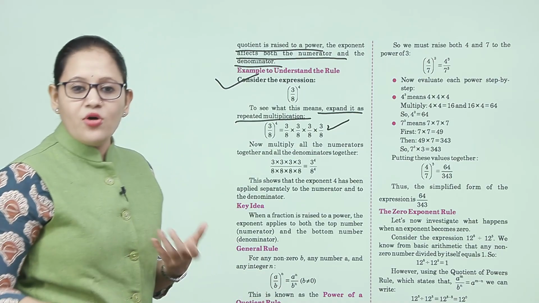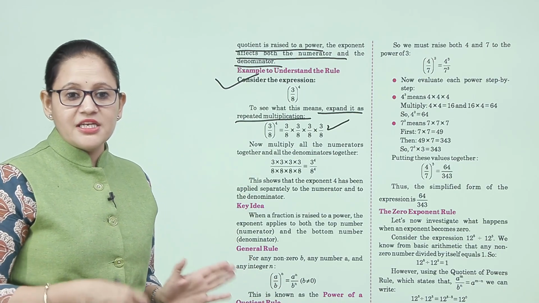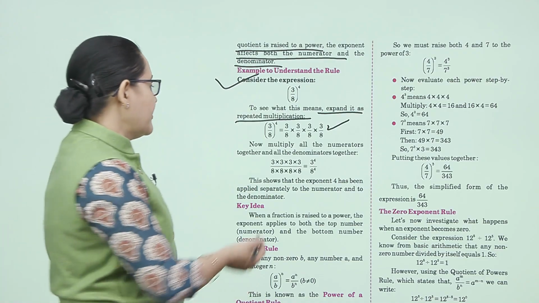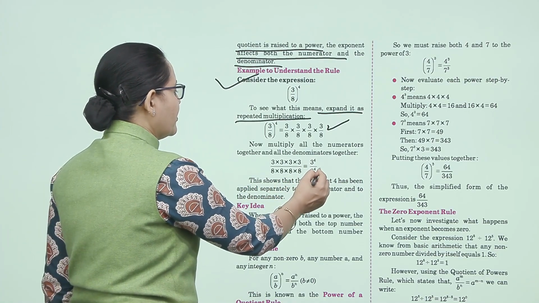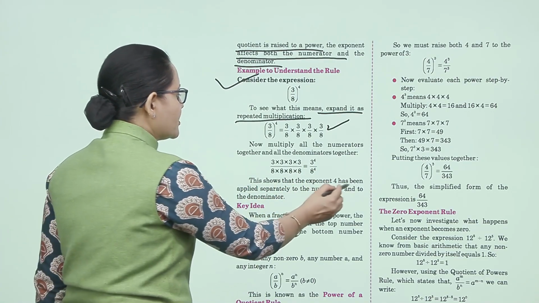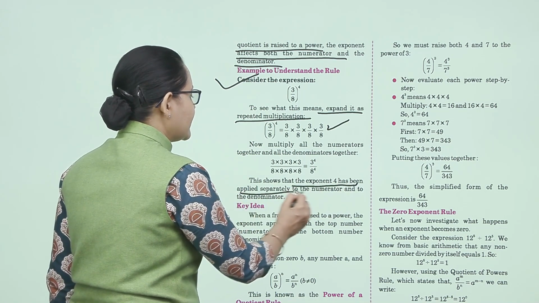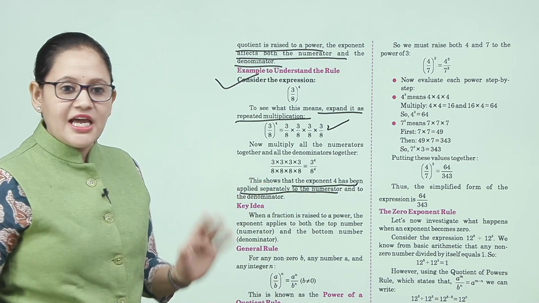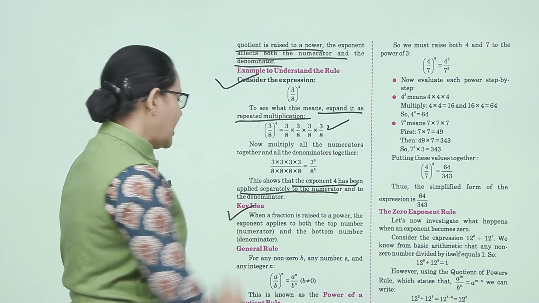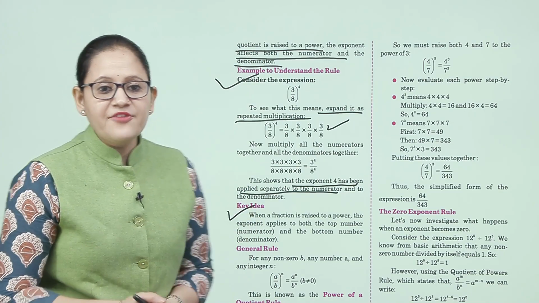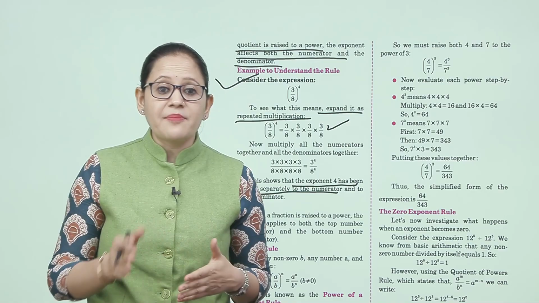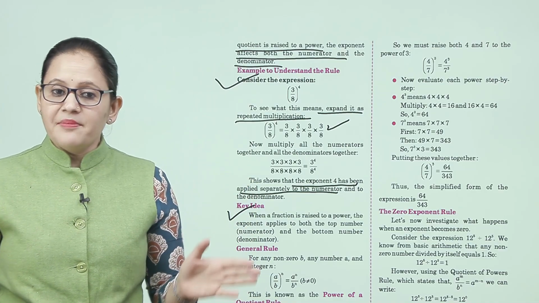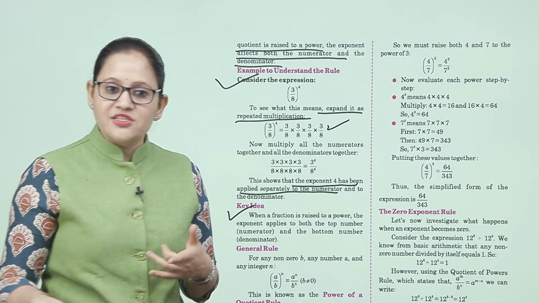Now multiply all the numerators together and all the denominators together. That is equal to 3 to the power 4 upon 8 to the power 4. This shows that the exponent 4 has been applied separately to both the numerator and the denominator. Now the key idea: when a fraction is raised to a power, the exponent applies to both the top number, the numerator, and the bottom number, the denominator.